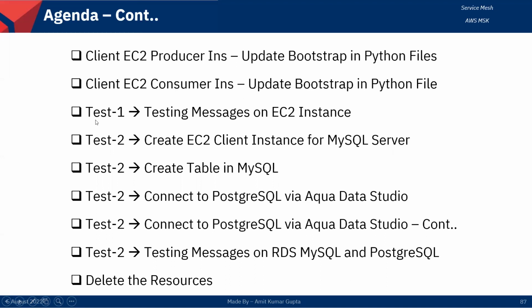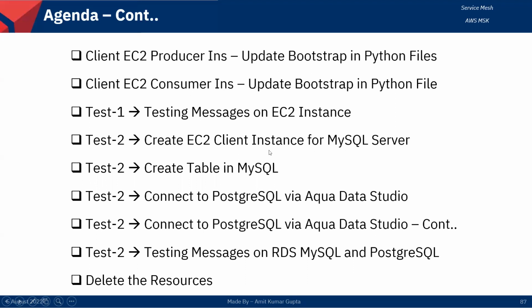After that, we need to test two things. First, testing messages on the EC2 instance. Once we get the messages, then in test case two, we will send those messages to the MySQL server.